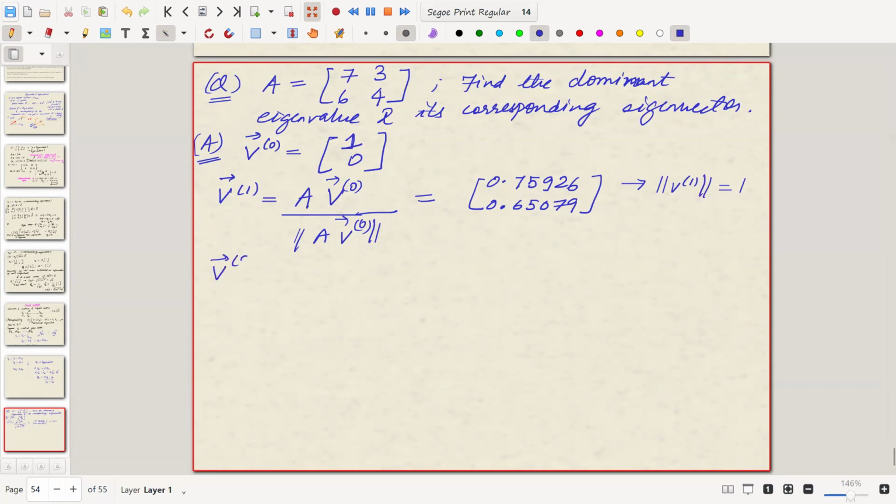Now what is the second iterate? What should it be? Anyone? No, no, what should be the formula first? A into the past vector, that is V1, divided by the norm of A V1, right? So what is that vector? Tell me. 0.717.